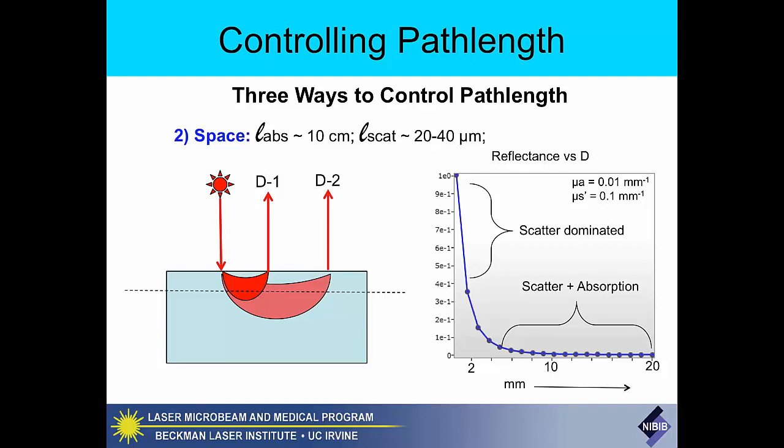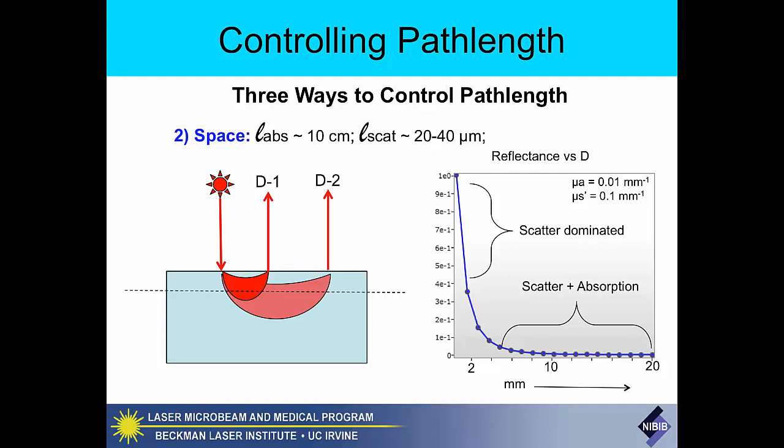So if we look at, and this of course comes from a virtual photonics simulation, the reflectance as a function of source detector separation, we see very different behavior in the region close to the source, where scattering lengths are very short and absorption lengths are quite large, we see a scatter-dominated attenuation behavior, and further away from the source, we see a combination of scattering and absorption-dominated behavior. And we can take a combination of information from these two and deduce what the path length is, or the absorption and the scattering components of the tissue.